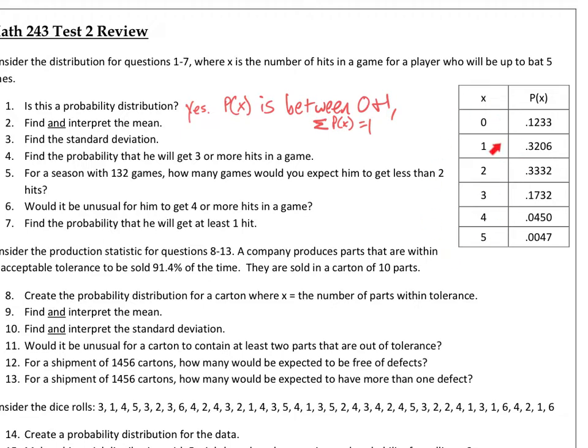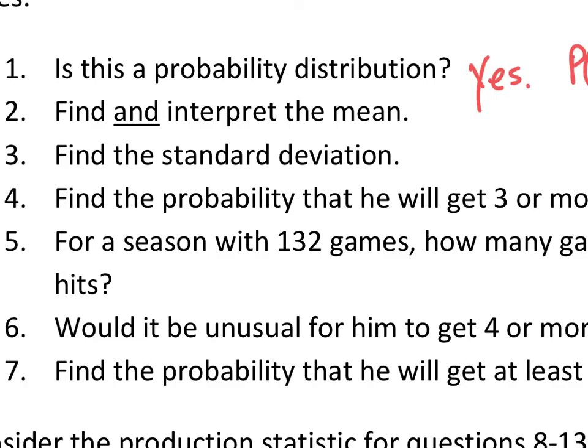Maybe these are numbers we can get if we draw them out of a bag. Actually, here it's the number of hits in a game for a player who will be at bat 5 times. So a baseball player, or softball.